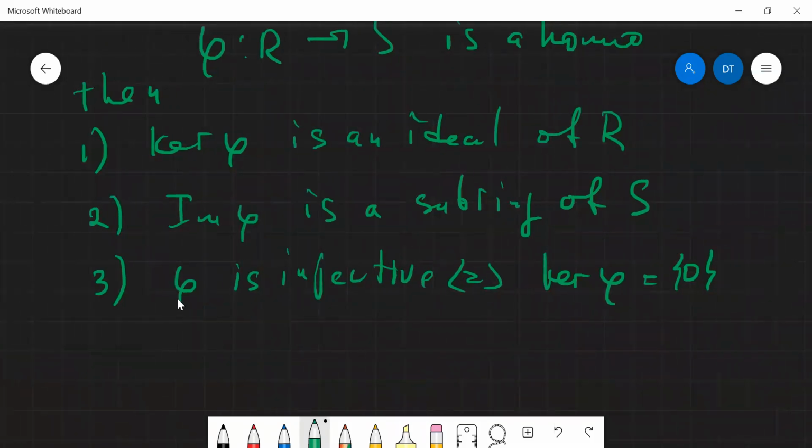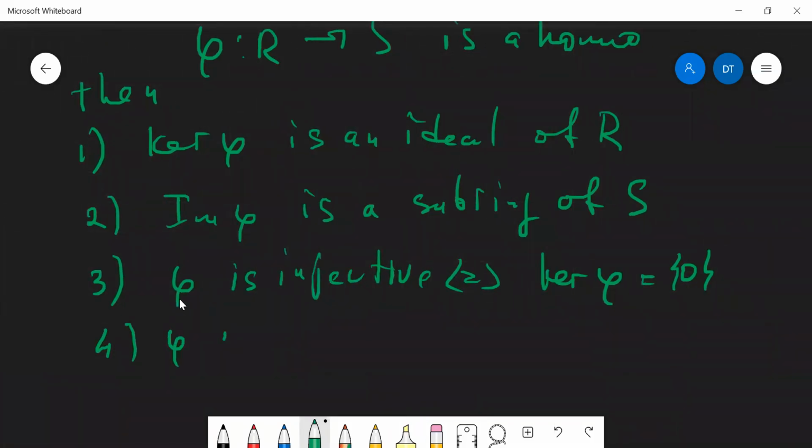And the last property, phi is surjective if and only if the image coincides with S.